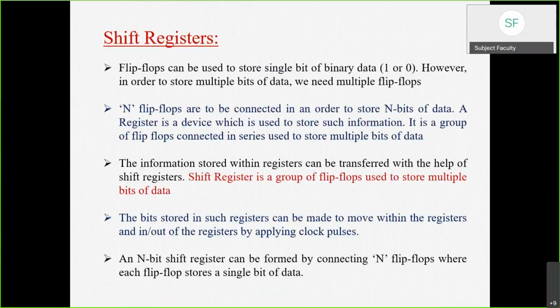What we mean by shift register is, a shift register is nothing but a group of flip-flops which is used to store multiple bits of data, and this data can be transferred within the flip-flops as well. Always remember that an n-bit shift register can be formed by connecting n flip-flops, where each flip-flop stores a single bit of data.